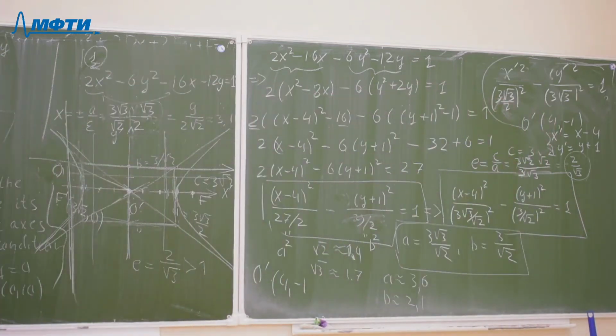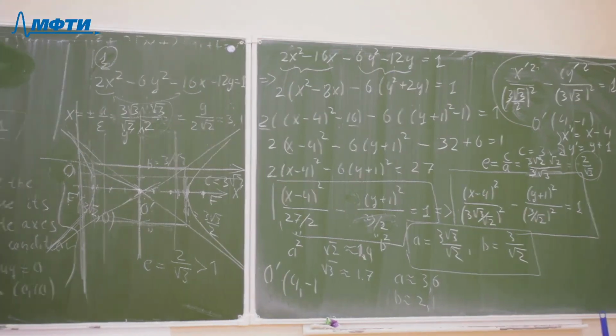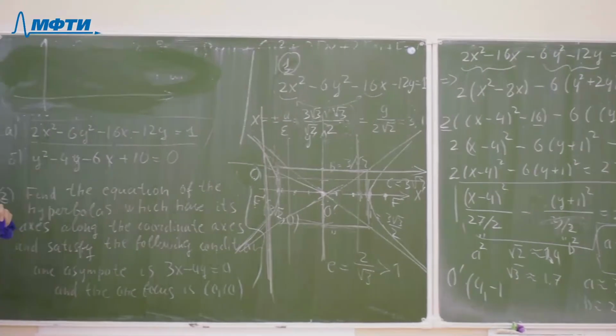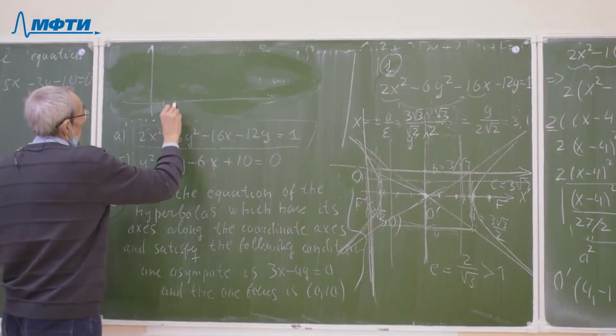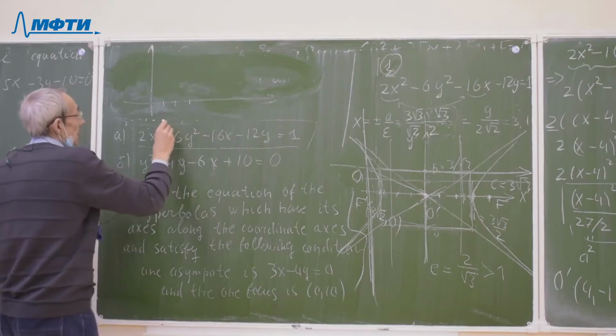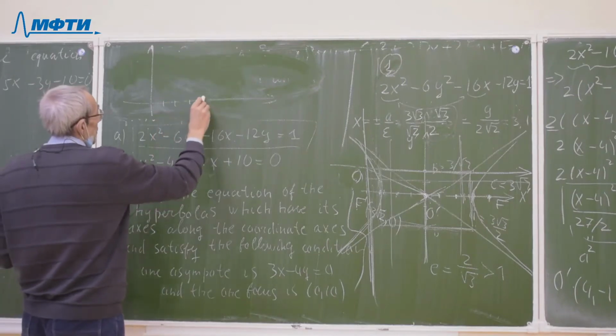In our case, I have the coordinate system. I mark the new origin: 1, 2, 3, 4, and minus 1.